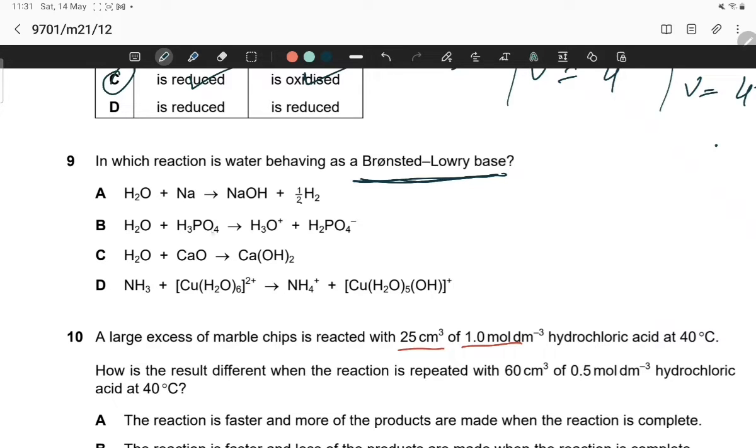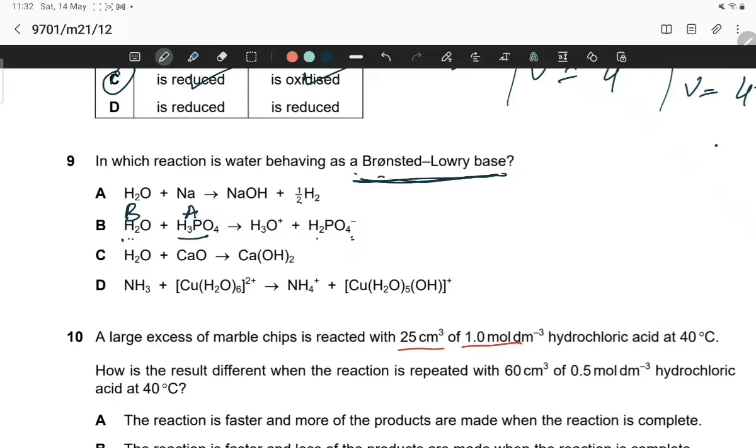Water plus H3PO4 gives hydronium ion and H2PO4. Over here H3PO4 acts as an acid and water acts as a base, so water accepts proton.